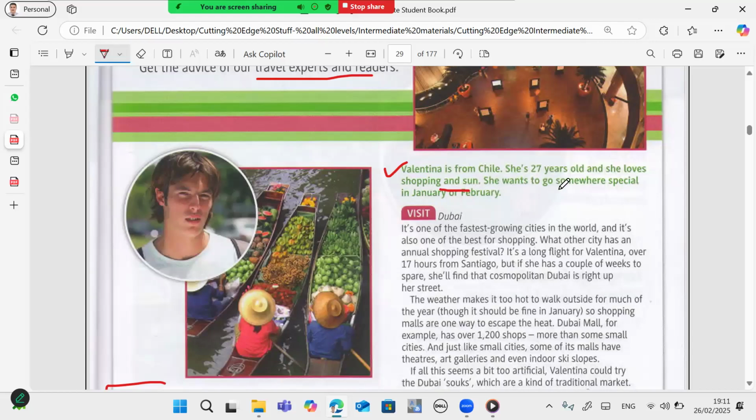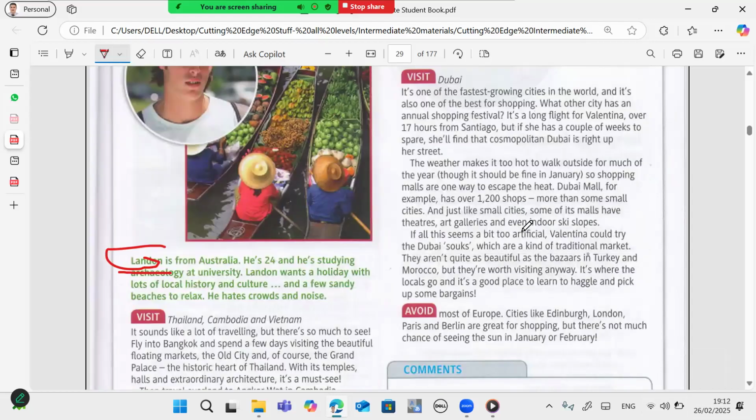She wants to go somewhere special in January and February, like nowadays. Now we are in February, meaning in the winter. Like in the winter months, right? In the winter, yes. So visit what? And avoid what? So please quickly read about what you can do in Dubai.